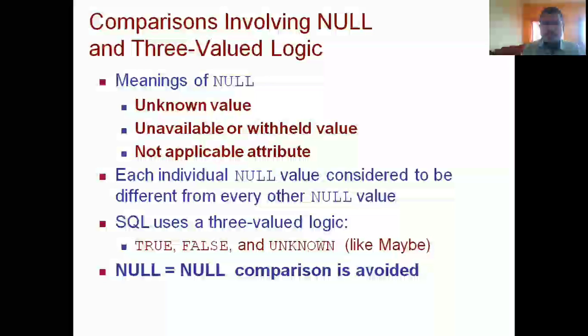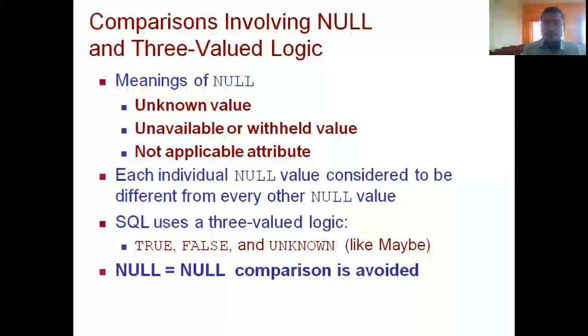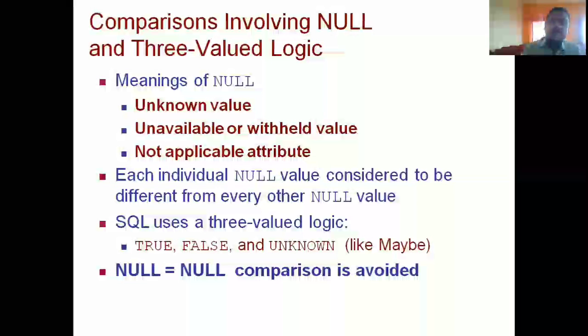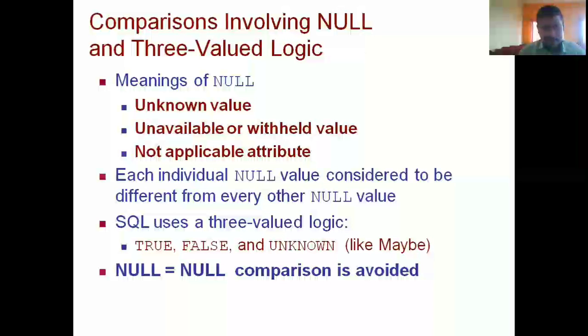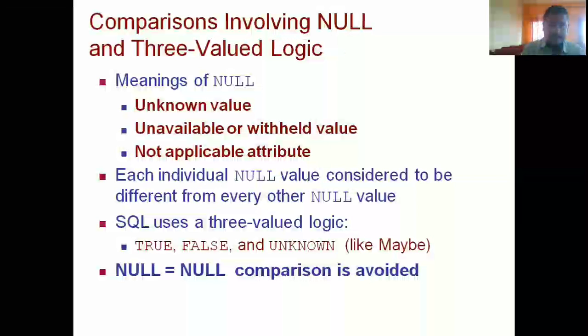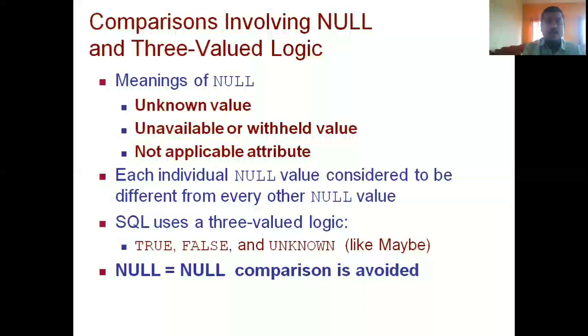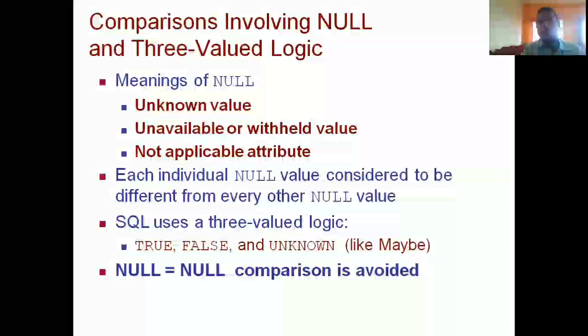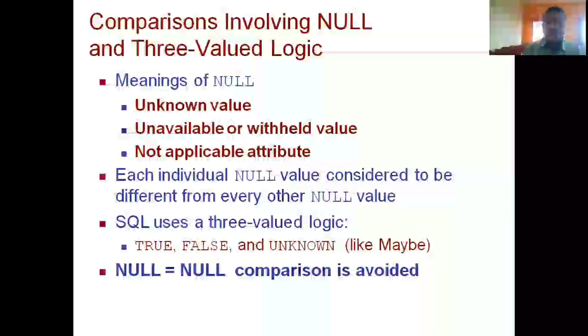So null is one of the most important concepts in the relational database. Every data we are inserting compulsorily, but anyhow if some of the values are not inserted, you have to mention null. Each individual null value is considered to be different from every other null value. So three-valued logic in SQL uses true, false, and unknown, maybe.